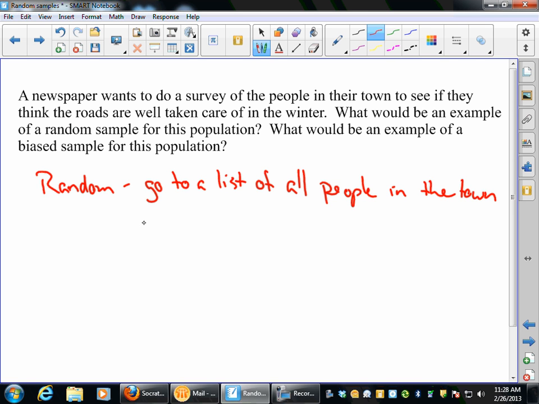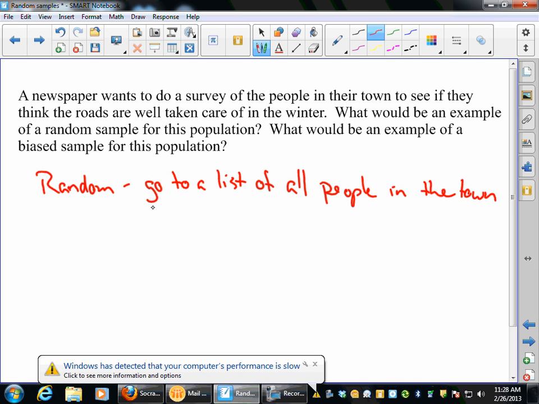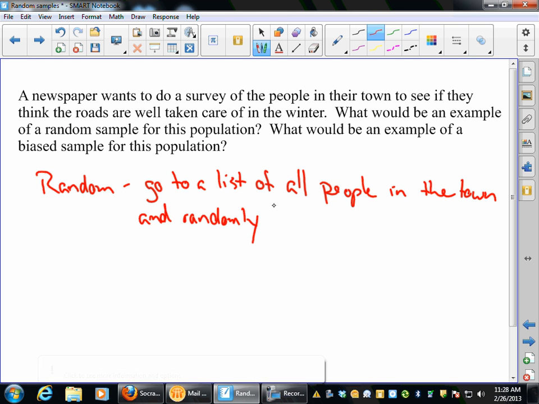So there's lots of ways you could do it randomly, but you're going to get a list of all the people in the town and randomly choose people on that list. That would be a good representation of the whole population because you're pulling from everybody that lives in that town.